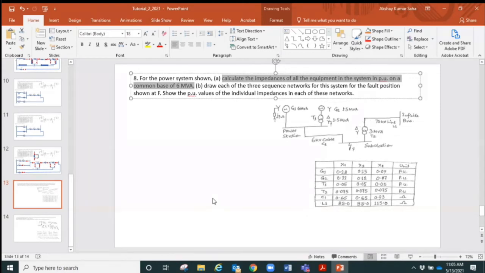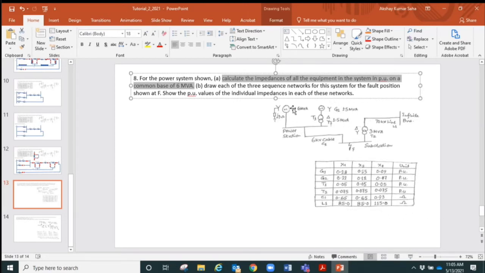So can you do this part and tell me the answers first? Then I will go to the next part, which is drawing the sequence networks. So first, part A is obtaining the per unit impedances, because some of them are not in per unit, C1 and L1.